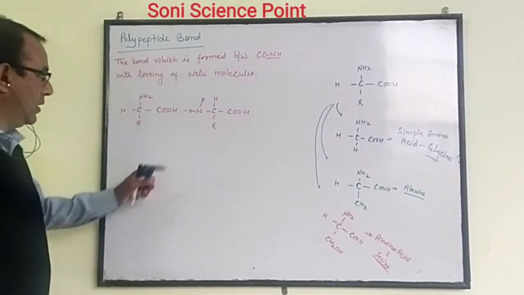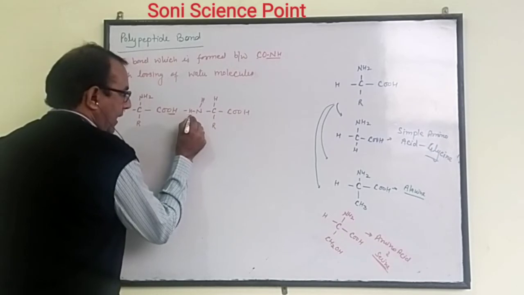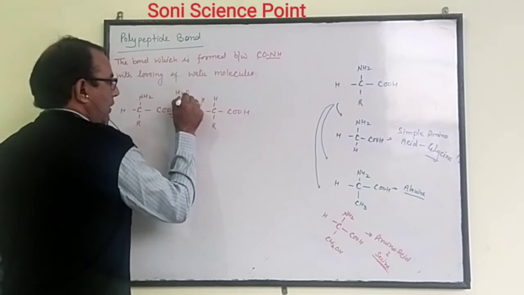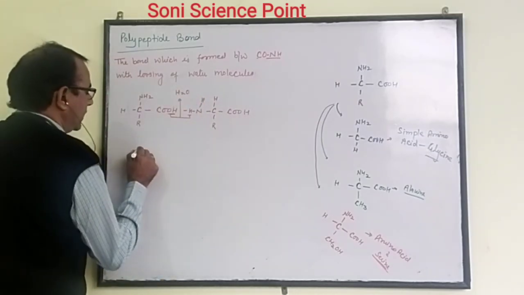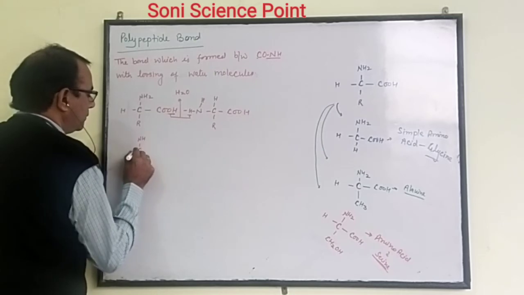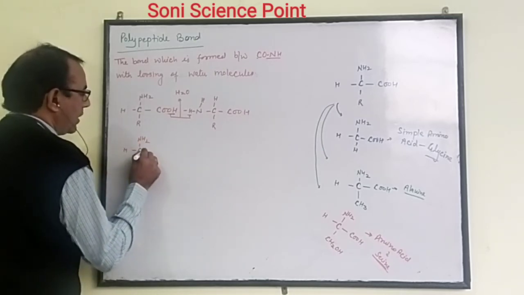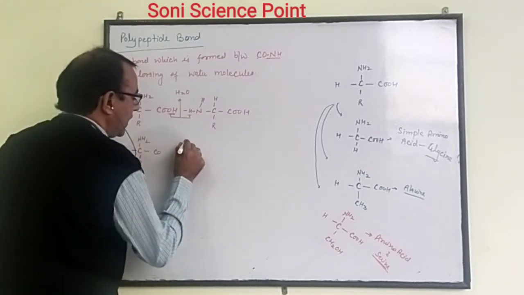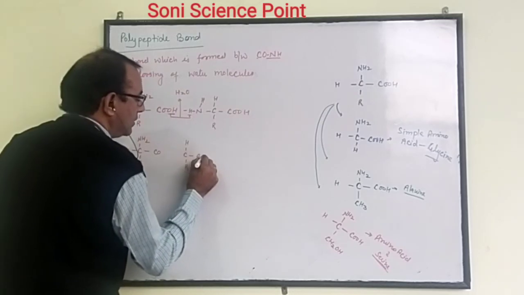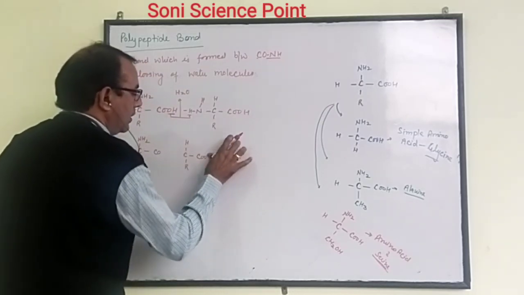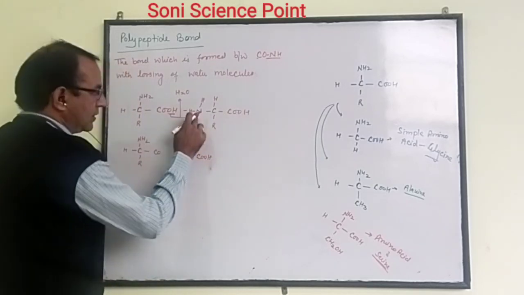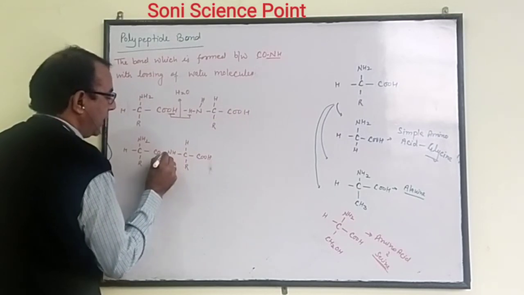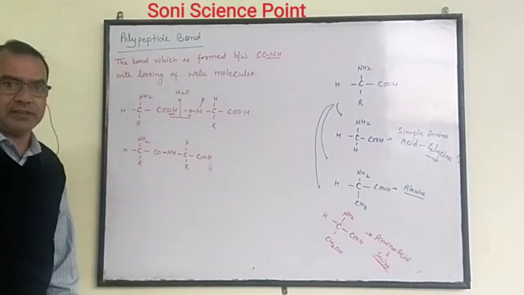During this formation, one OH from here and H from here are lost as a water molecule, H2O. Then one side remains only CO, the other remains the same as CH, R, COOH, and this side remains only NH, because the OH and H were lost as water. Here the bond formation takes place.